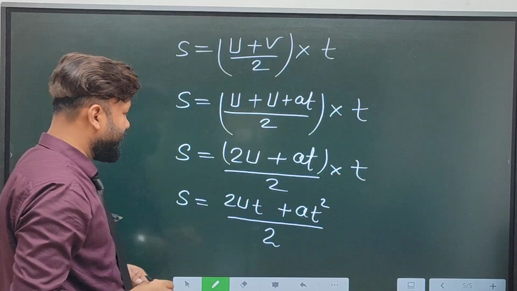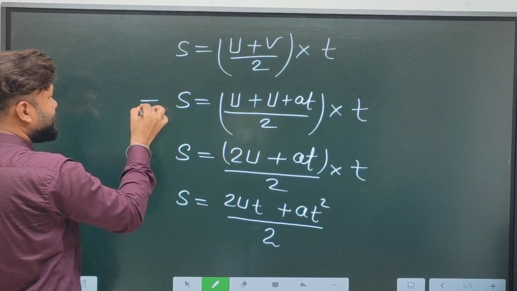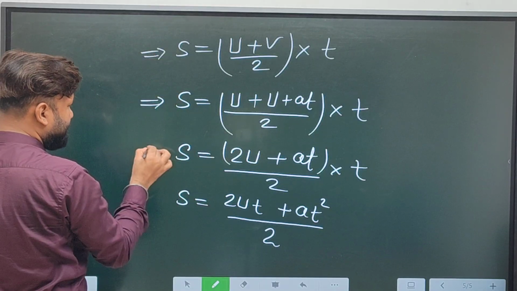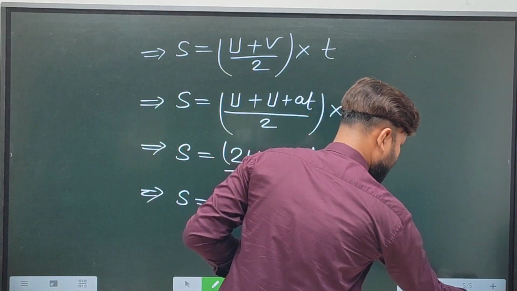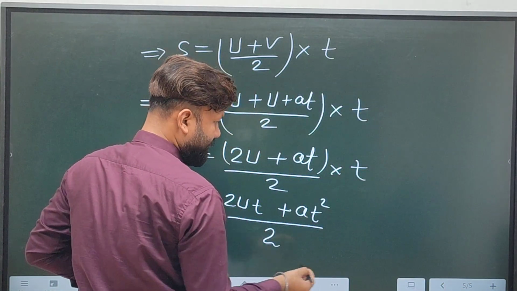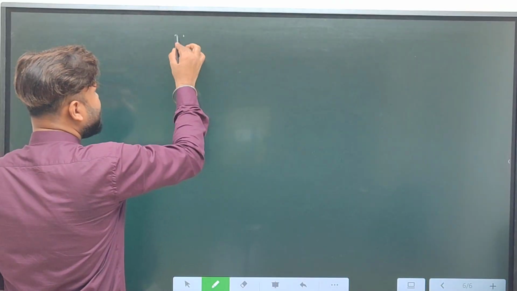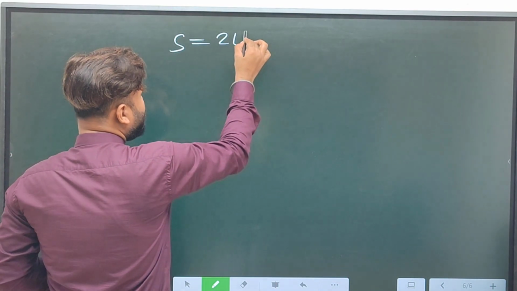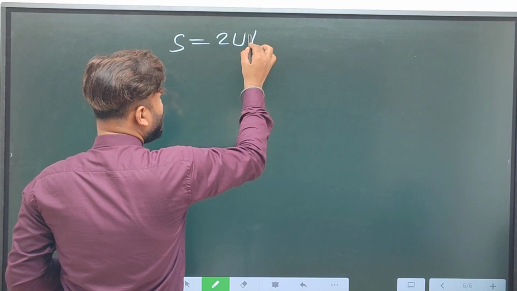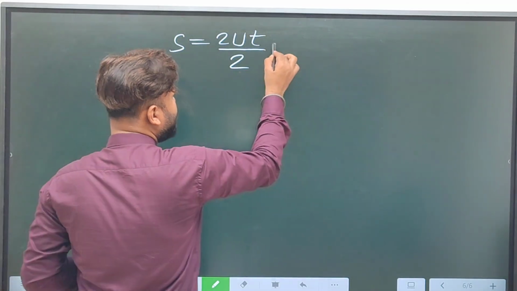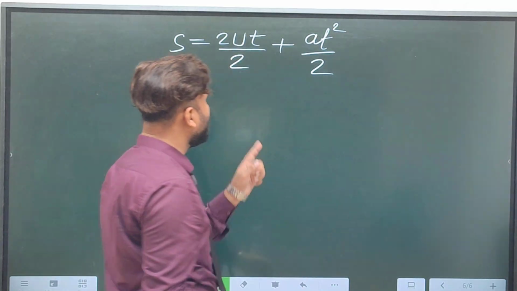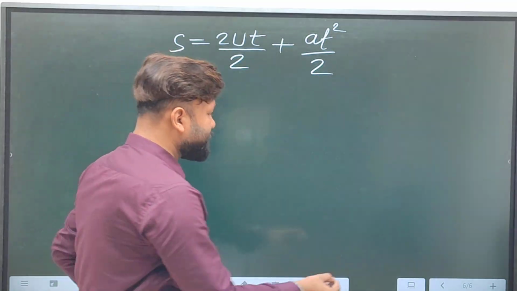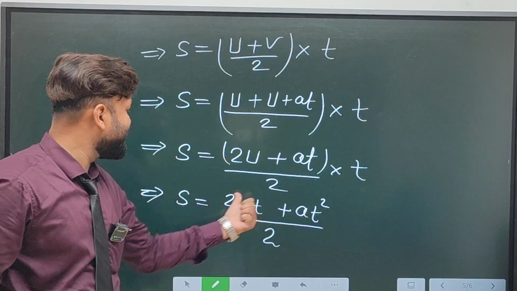Yes students, now we can write like this. Now we can say s is equal to 2ut by 2 plus half at square by 2. Now when you take LCM of these two, you will again get this equation.